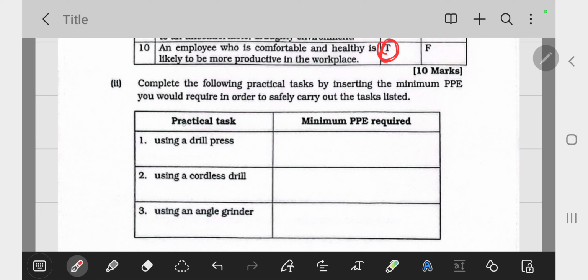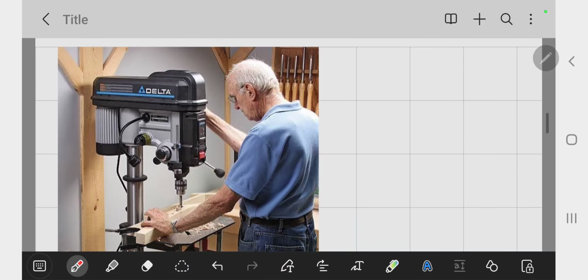So when you're using a drill press, some of you, especially if you're not coming from a technical school, or maybe you have no idea about workshops and you have never seen these tools, can see such a question and just start guessing, but you need to have an idea of how these tools look. So for that reason, I did look up some pictures for you guys so that you know before you even start answering this question. So let's look at how a drill press looks.